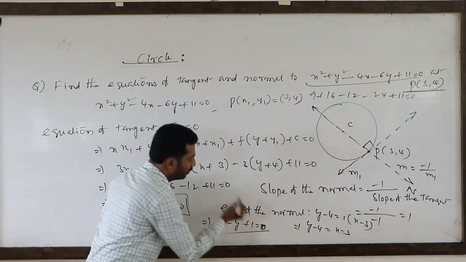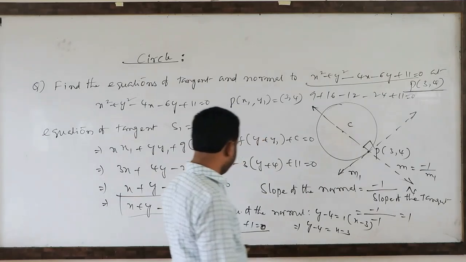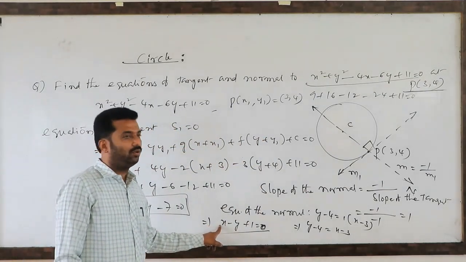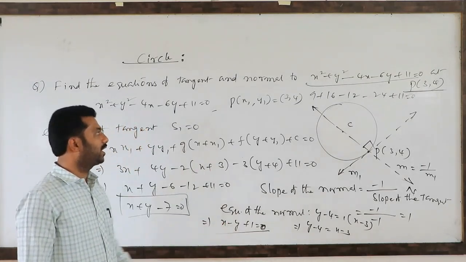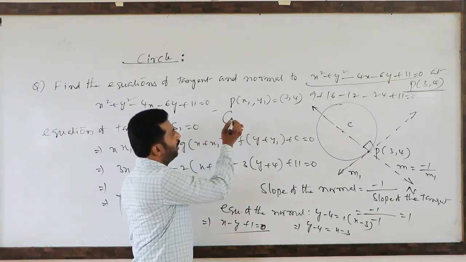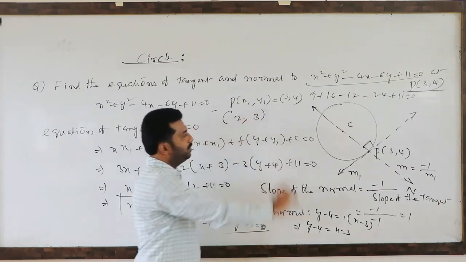Very clear. If you want to check whether your answer is right or not, substitute this point 3, 4: x value 3, y value 4, satisfying. Check whether this normal passes through the center of the circle or not. What is the center of the circle? X coefficient divided by minus 2 means 2. Y coefficient divided by minus 2 means 3.